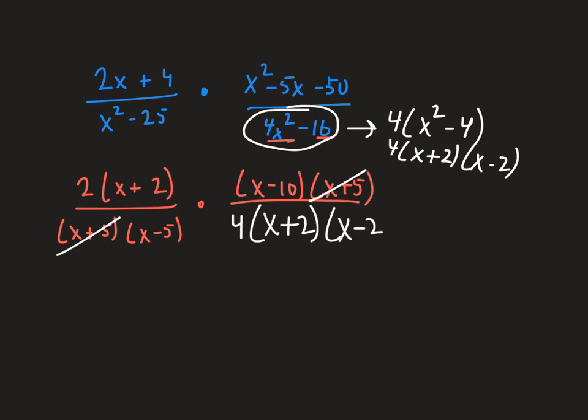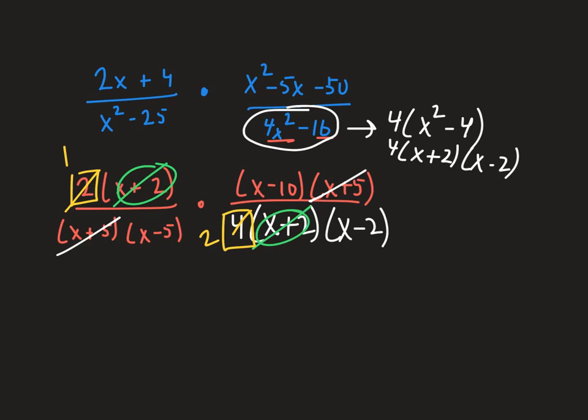And here's why I noticed that. First off, there is an x plus 2 up in the numerator, and now there's one in the denominator. But the main thing I noticed was this 2 sitting here, and now we have a 4 sitting there. So those can be reduced. 2 over 4 can be reduced to 1 over 2.